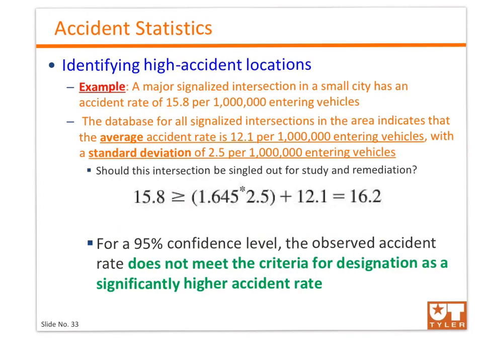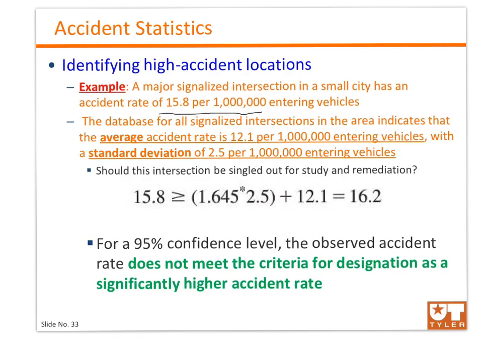So let's have an example. Let's assume that we have a major signalized intersection in a small city with an accident rate of 15.8 per 1 million entering vehicles. So this is the location. It has 15.8 per 1 million entering vehicles.